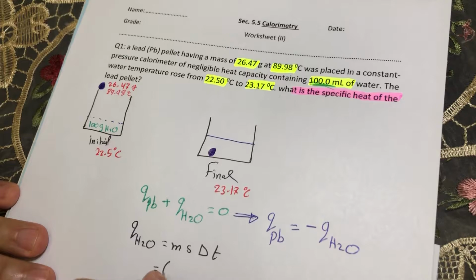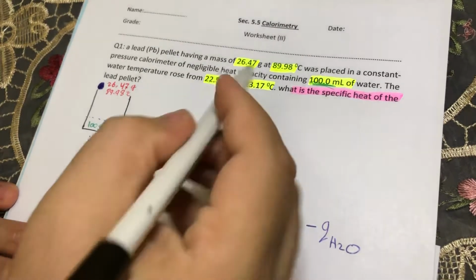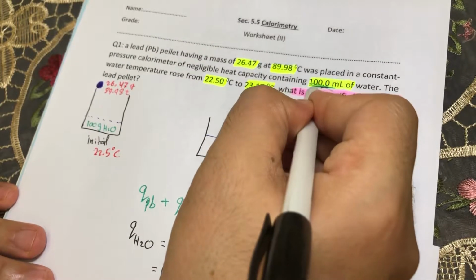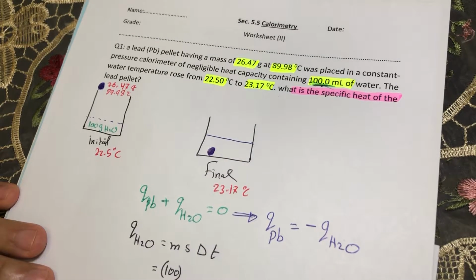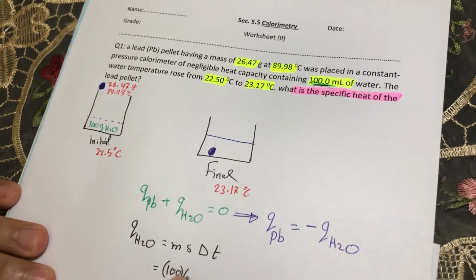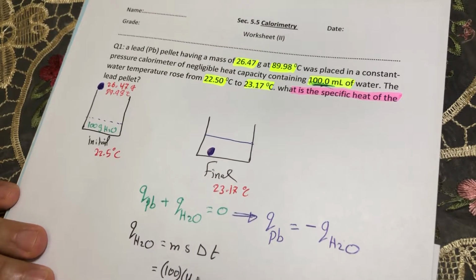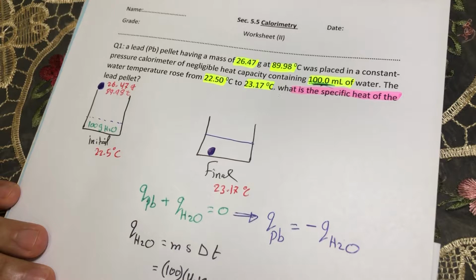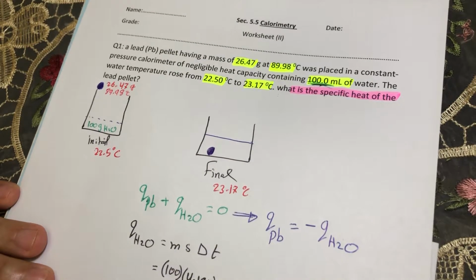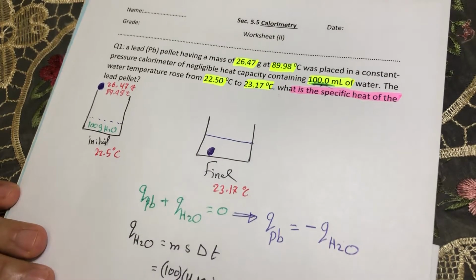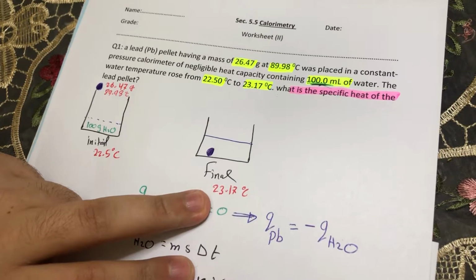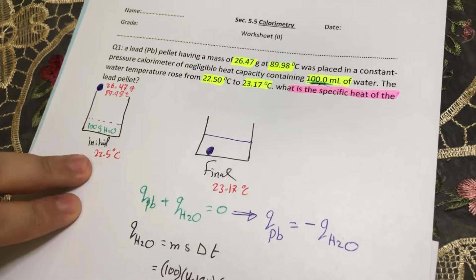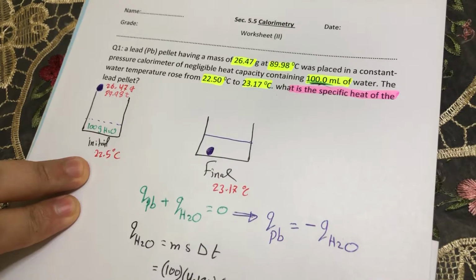where the mass is 100. And why is it 100? It's 100 ml, and the density of water is 1, so the mass is equal to the volume, with 4.184. This is the specific heat of water from a table, and temperature 23.17 minus 22.5.